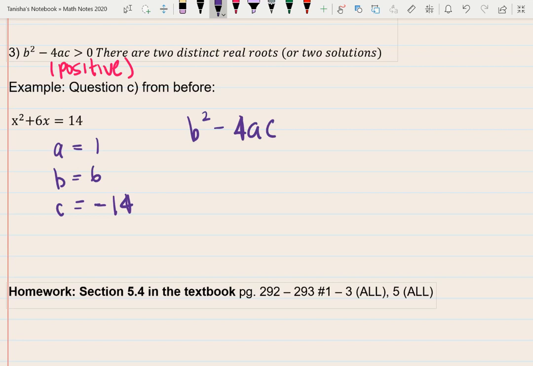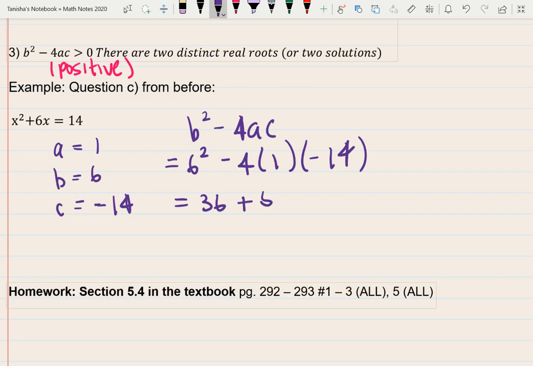So we have 6 squared minus 4 times 1 times negative 14. 6 squared is 36. Negative 4 times 1 times negative 14 is equal to positive 56. Add those together, that is equal to 92, which is greater than 0, so this implies that this equation will have two solutions.